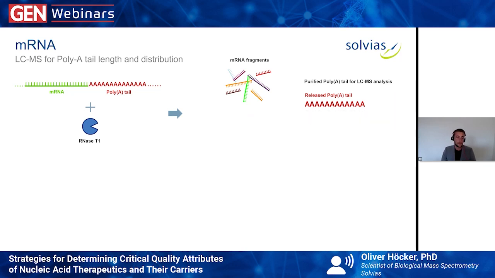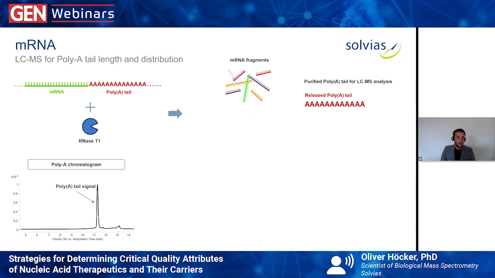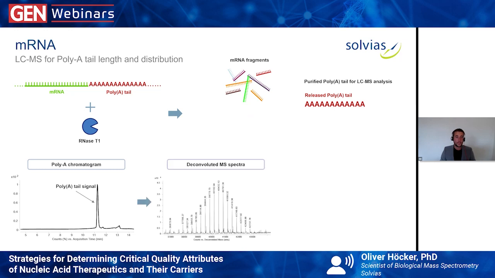on our chromatography. So on the lower left, you see the chromatographic signal, a clear peak, where all different poly-A tail lengths are combined, so we don't separate them in the chromatography. But we can get from this chromatographic peak also an MS signal. And here you see a distribution of all different poly-A tail lengths.